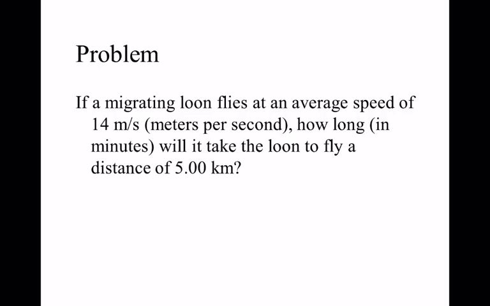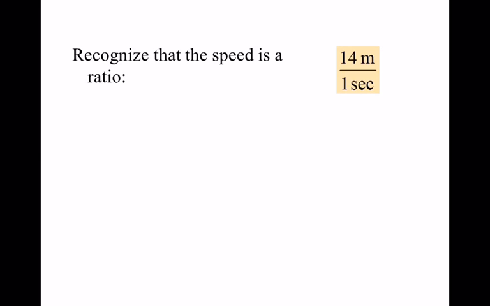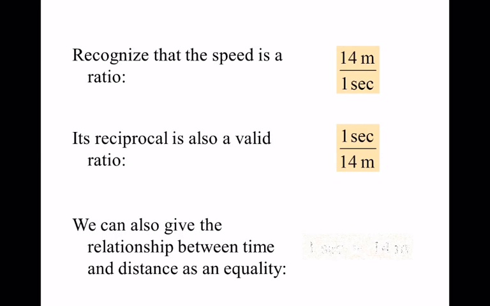But after we do that, we can then use the 14 meters per second as a conversion factor. Anytime you are faced in a problem with something like 14 meters per second, in order to get ready to use it as a factor label problem, unpack it. 14 meters per second unpacked means that at that particular time, that particular loon is flying 14 meters in exactly 1 second.